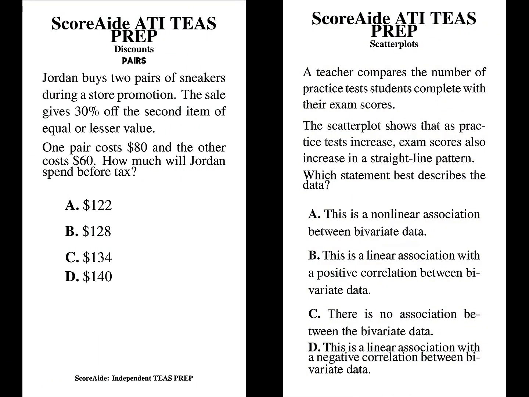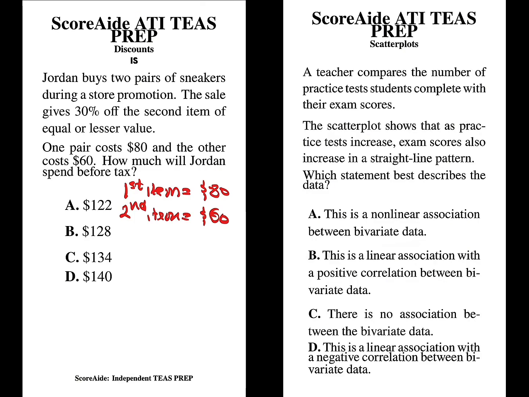Jordan buys 2 pairs of sneakers during a store promotion. The sale gives 30% off the second item of equal or lesser value. One pair costs $80 and the other costs $60. How much will Jordan spend before tax? So first item is equal to $80. Second item is equal to $60.